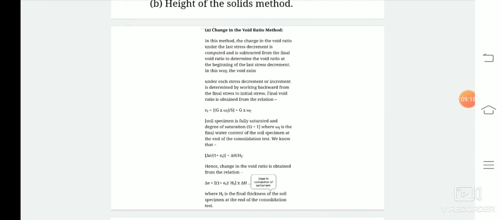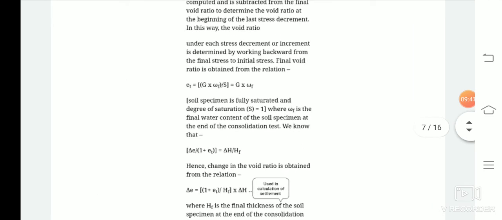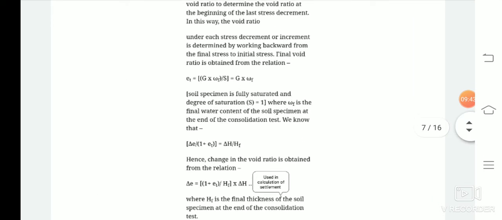What is the change in void ratio method? In this method, the change in void ratio under the last stress decrement is computed and is subtracted from the final void ratio to determine the void ratio at the beginning of the last stress increment. So under each stress decrement or increment, it is determined by working backward from the final stress to initial stress.